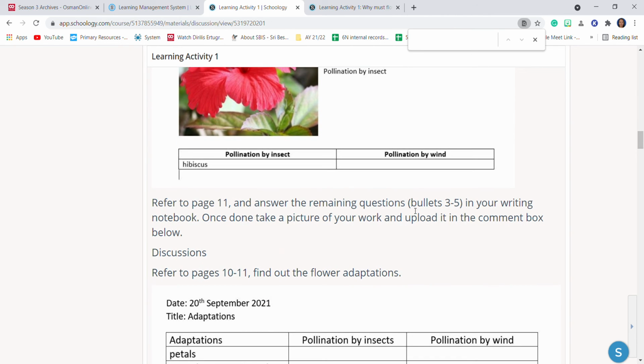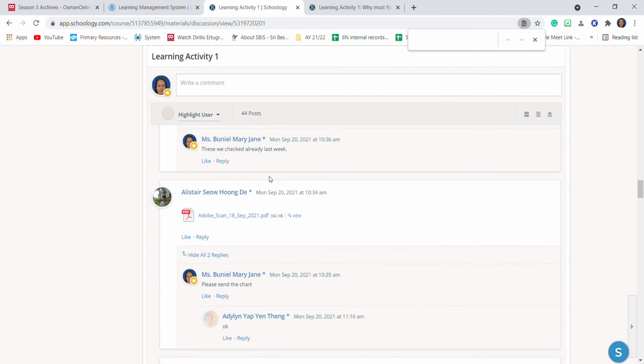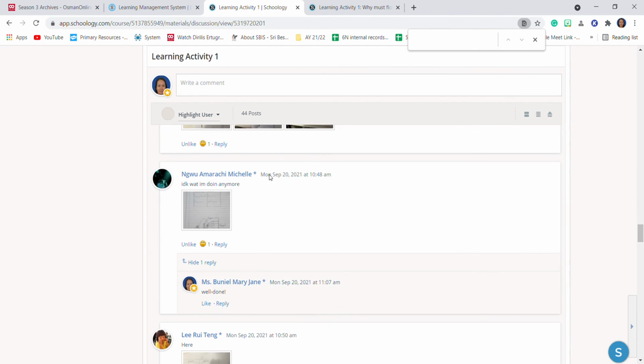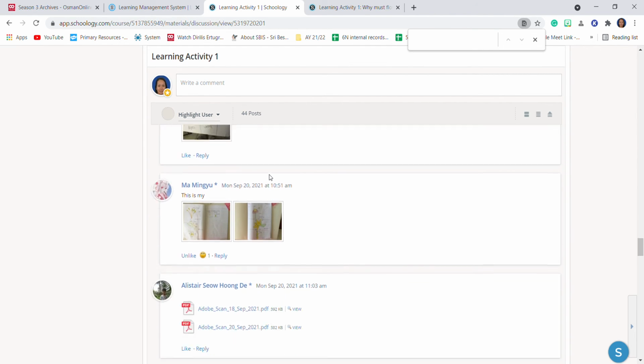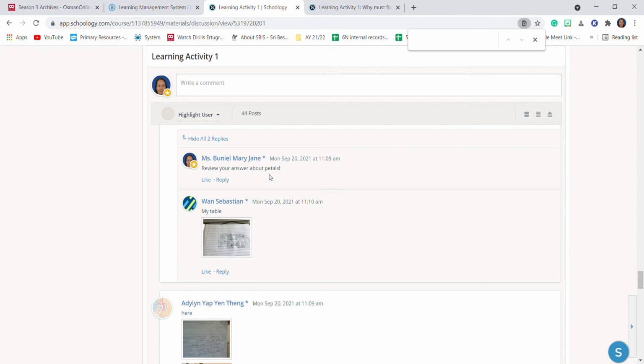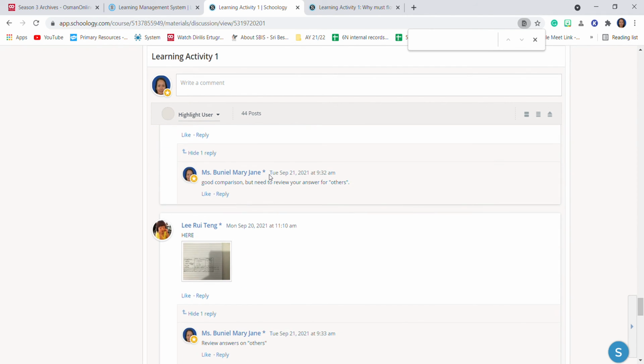Okay, so we also sorted or grouped the flowers according to how they are pollinated. Some of them are pollinated by insects and some of them are pollinated by wind. Let us see if we have some examples over here which you've done.